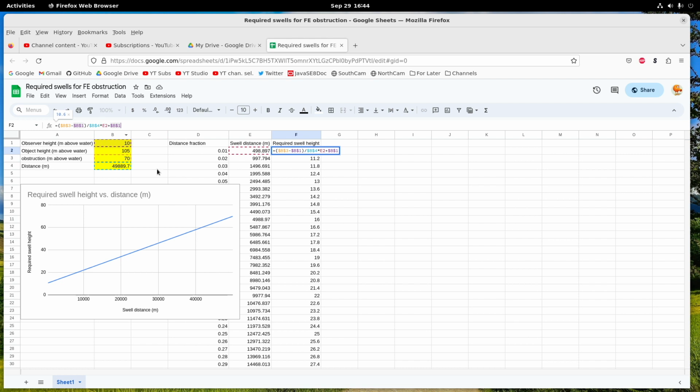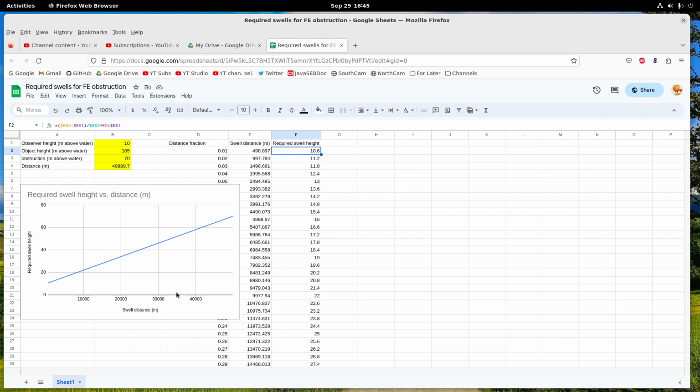And then you multiply that by the distance to that particular swell, or that particular wave, along the water between the observer and the object. And then you add the observer height back on, and that is going to give you the required swell height in order to obstruct that distance here. As you can see, it's fairly linear from observer to object.